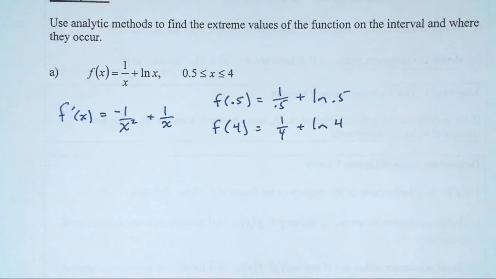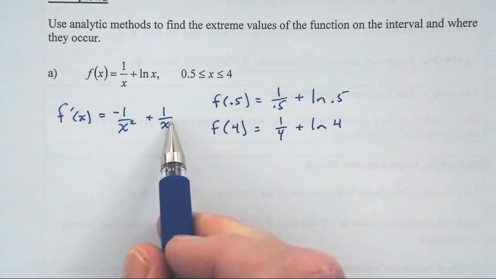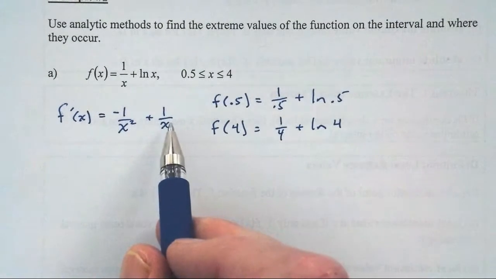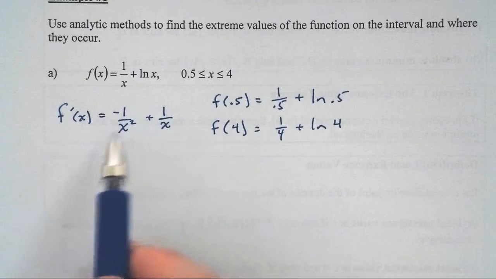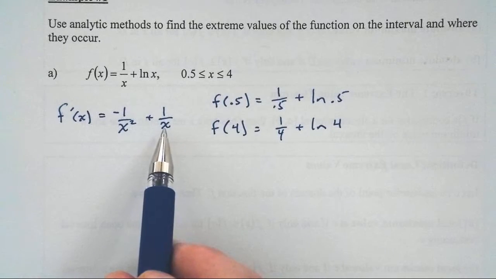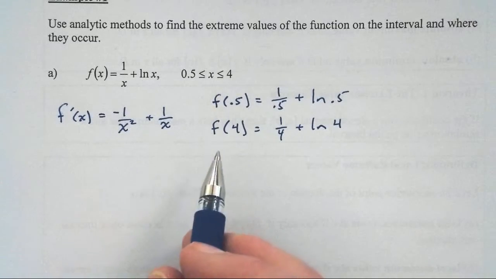And I'm going to need to find any place the slope is 0, or any place it's non-differentiable. This would be non-differentiable clearly if x is 0. But x cannot be 0, so I don't have to test f of 0.